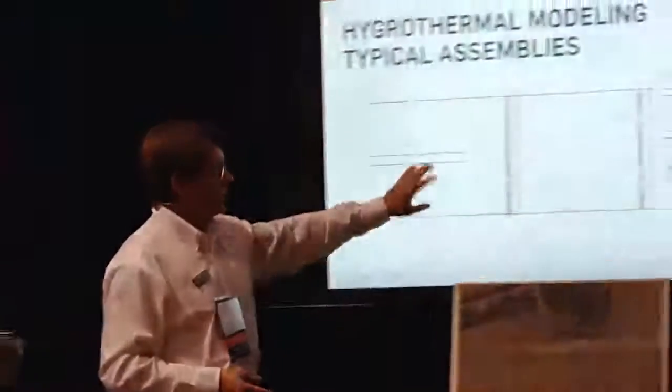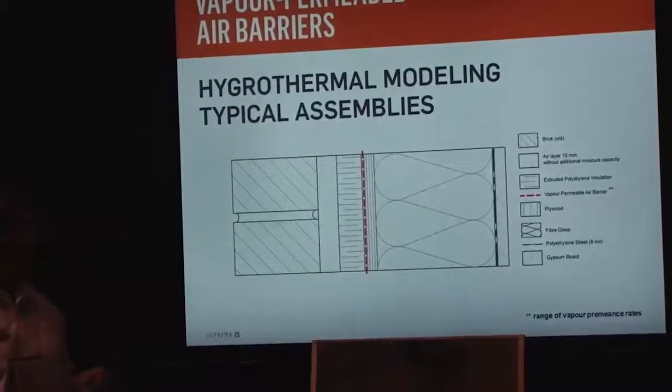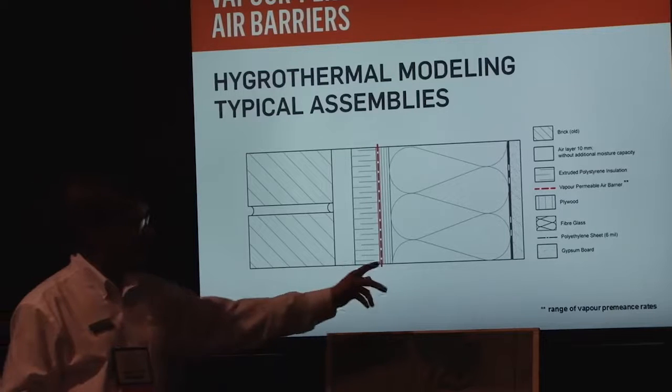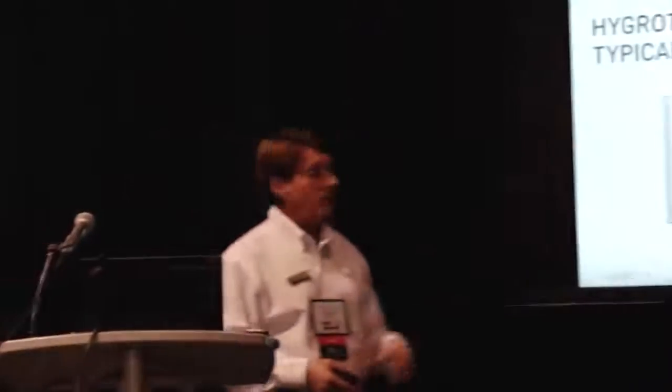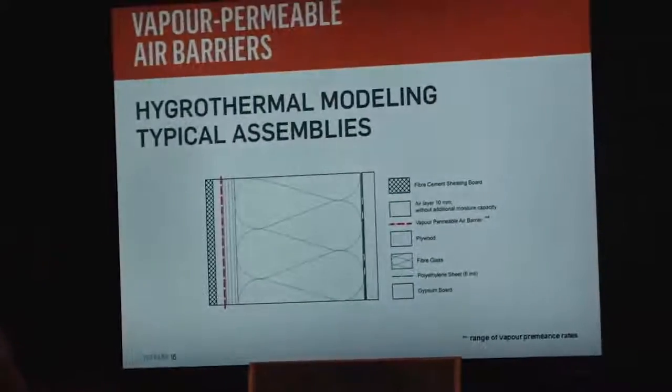In this graphic, we're showing you one of the wall types, which is brick, insulation, our air barrier, and an insulated stud space. So the cavity and the stud space is insulated, and this needs to be a permeable membrane. The other sample is a sheathing board, a clapboard, or a cement board on the outside.